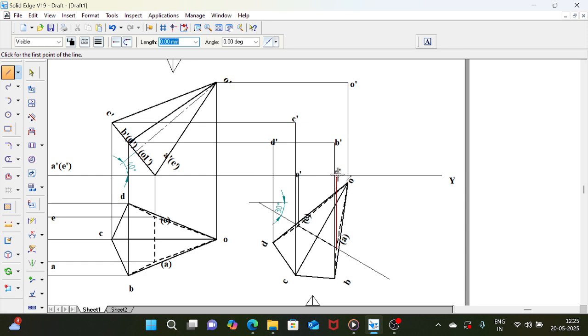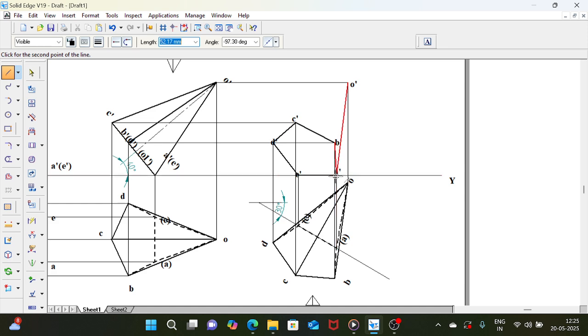So what are the edges of the base? A to B, B to C, C to D, D to E, E to A. All the edges are visible. Now I will take the slant edges which are in the boundary. So O to A, is it in the boundary? Yes, the B point is coming inside.